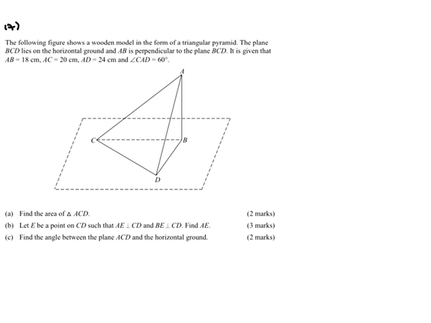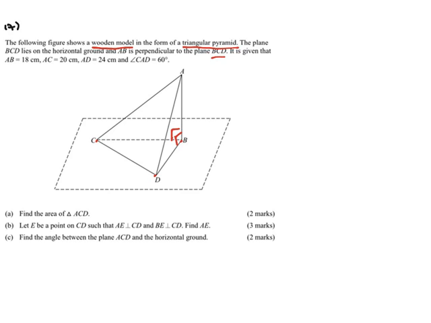Question 17. This question is about 3D. The figure shows a wooden model, a triangular prism, and BCD lies on horizontal ground, and AB is perpendicular to plane BCD. So that means it is a right angle.